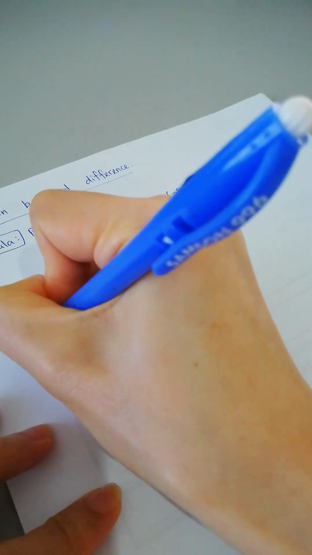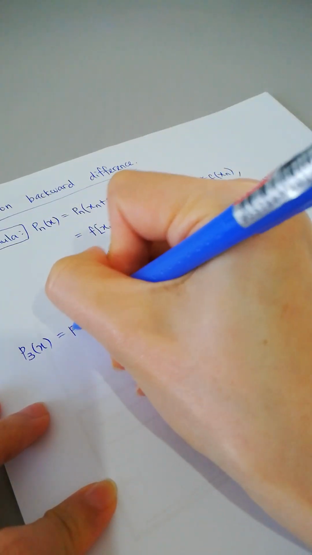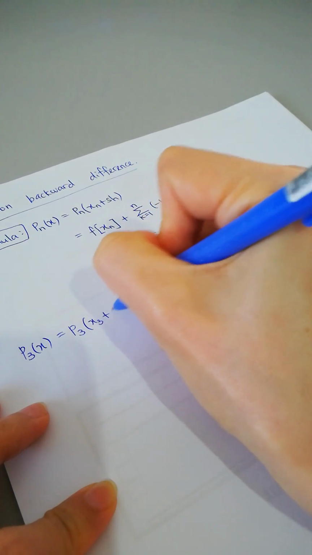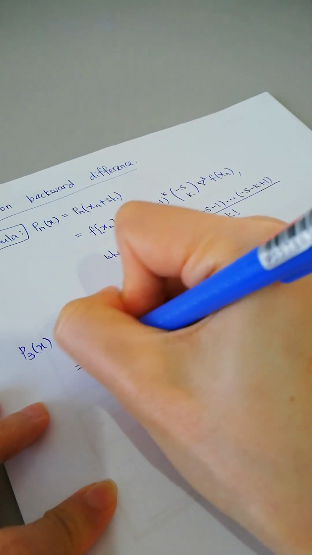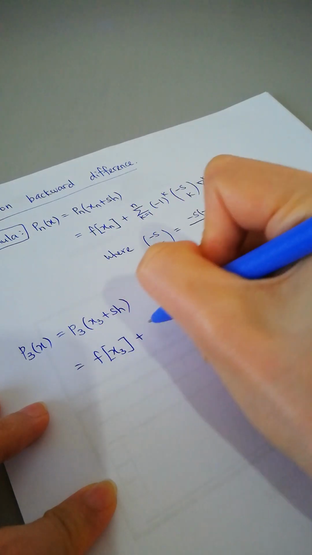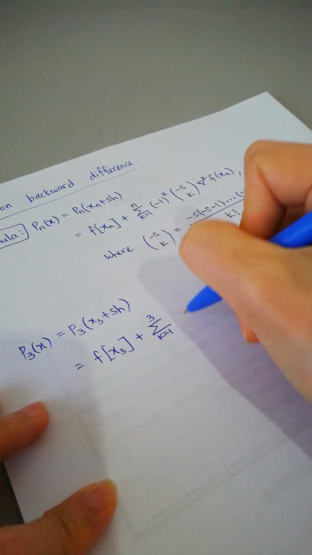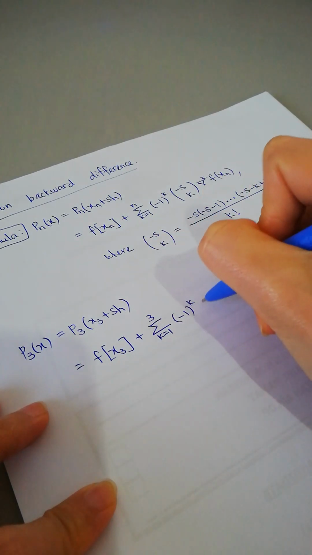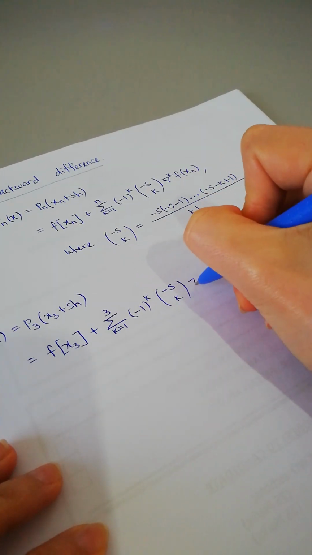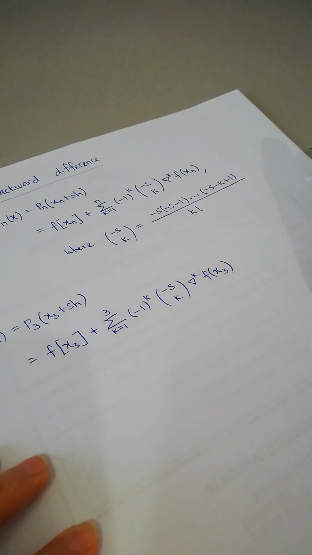So we have P3(x), which is equal to P3(x3 + sh), which is equivalent to f(x3) plus the summation from k equal to 1 to 3 of (-1)^k (-s choose k) times the backward difference at x3.